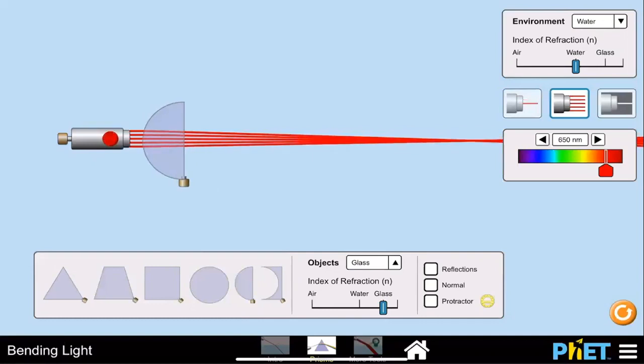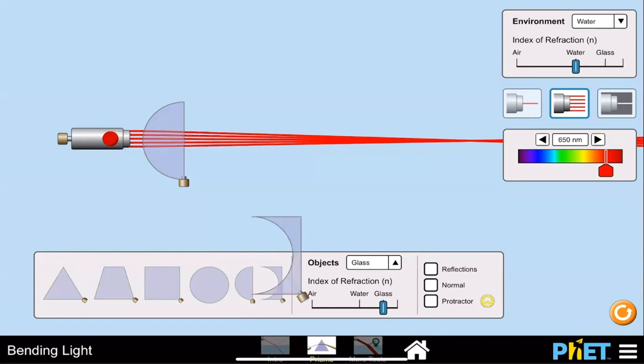So it converges much farther from the point where we started if the environment is in the air. So as you can see, they are converging on that position.